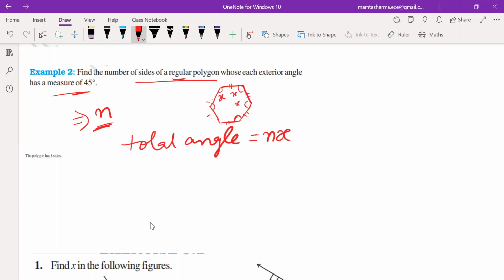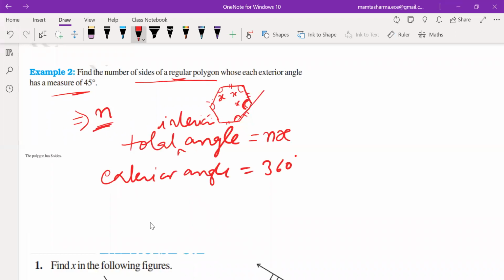So the total interior angle will be nx, and the total exterior angle sum will be 360 degrees. Now this one angle is 180 minus x, times n, equal to 360 degrees. This will be the equation, right?